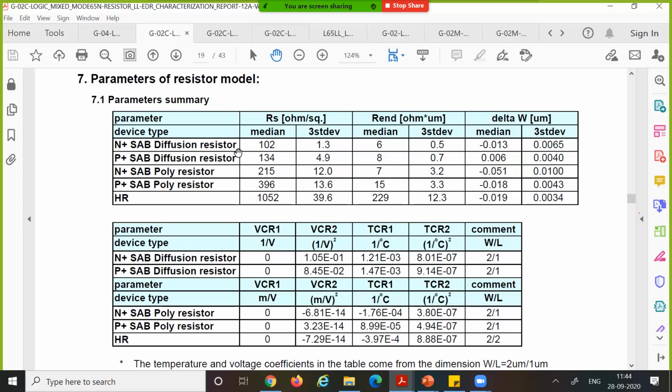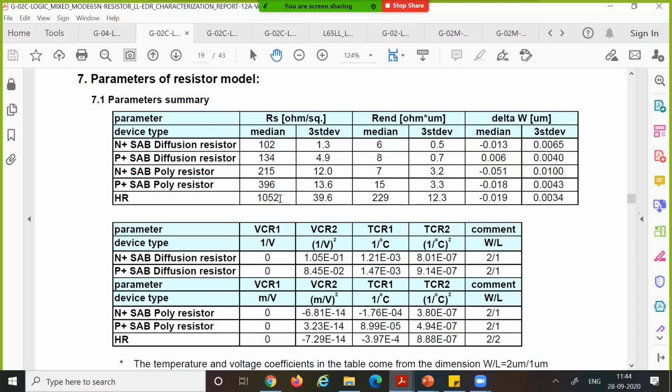You can see that for the diffusion resistor the ohm per square is low. Actually, metal resistors will be the lowest, in the order of single digit ohm per square. Diffusion resistors are in this range, poly resistors are higher, and HR resistors are much higher, around 1K.